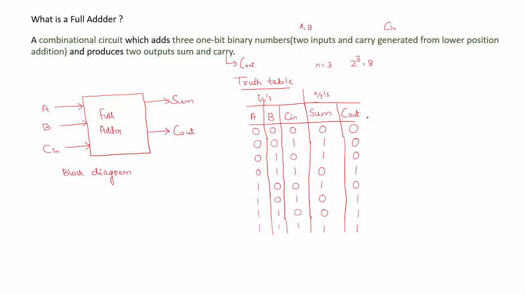Now to draw the logic diagram, I have to find out the expression for sum and C out. Let me draw the K-map for sum and C out and simplify it.